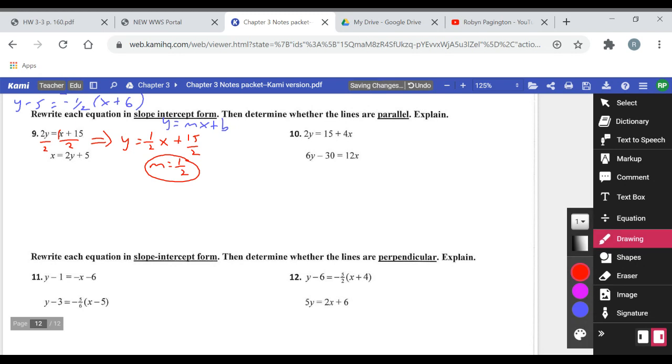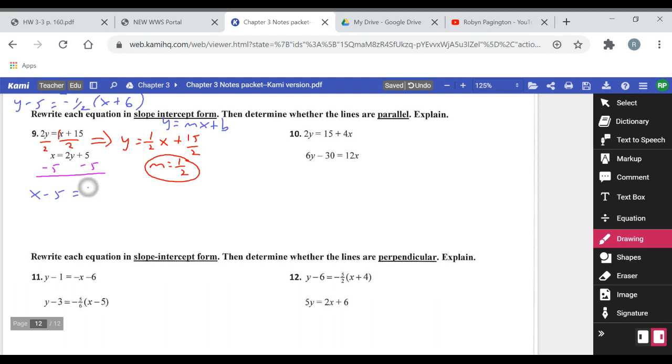Okay, now I'm going to look at the other equation, and I want to get y by itself for that one. So to get y by itself there, I'm going to go ahead and keep the y where it is and subtract the 5 on both sides. So when I do that, I've got x minus 5 is equal to 2y.